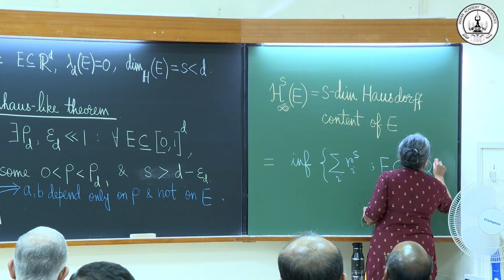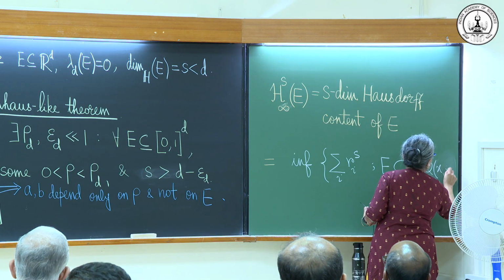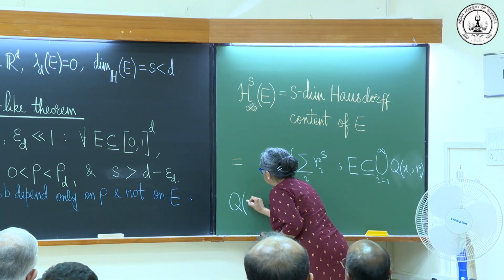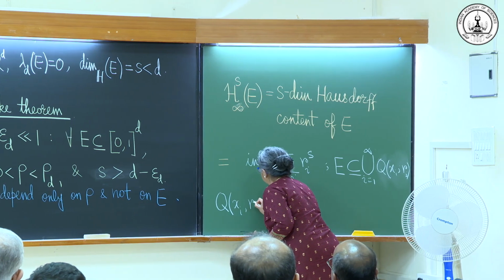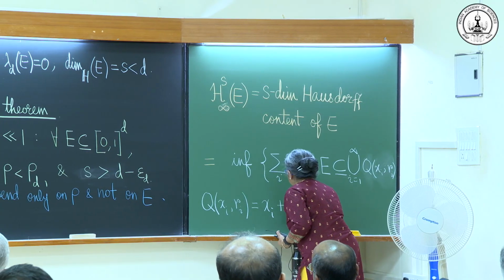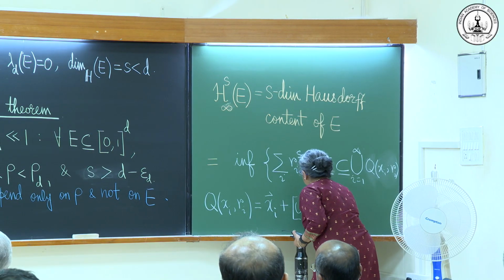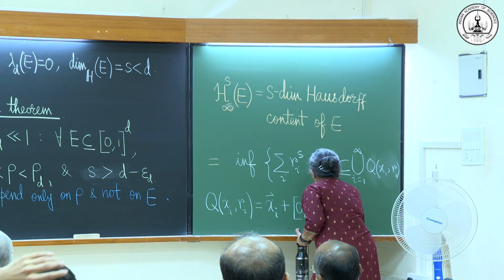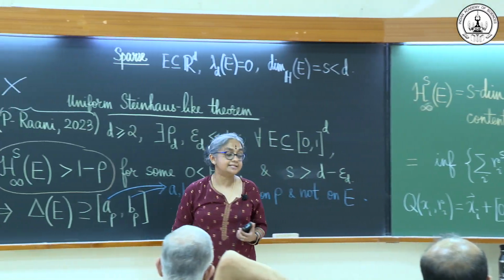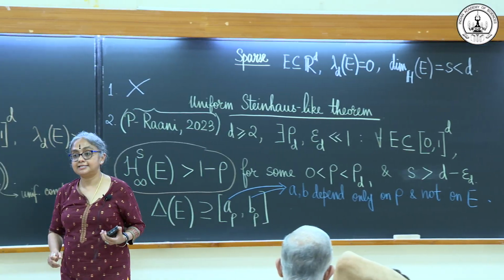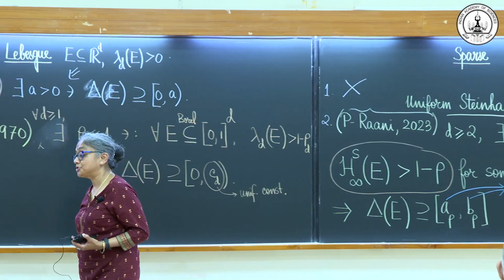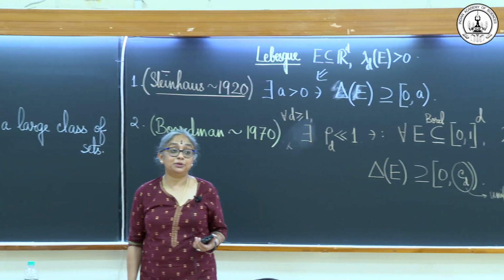So let's call it Q(x_i, r_i), where Q(x_i, r_i) is my notation for a cube whose left endpoint is x_i. So what is the s-dimensional Hausdorff content of the unit cube?